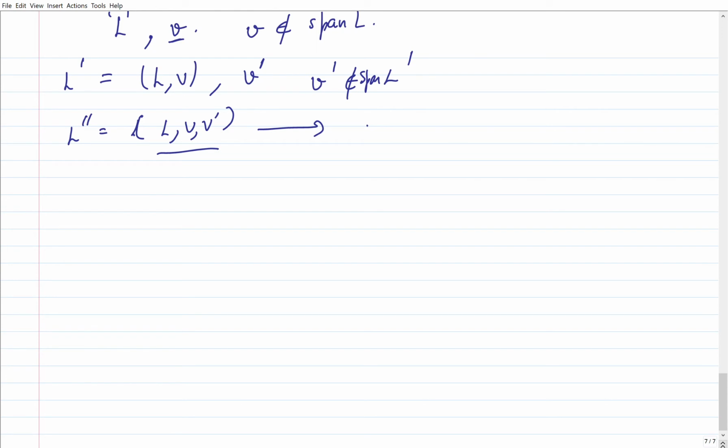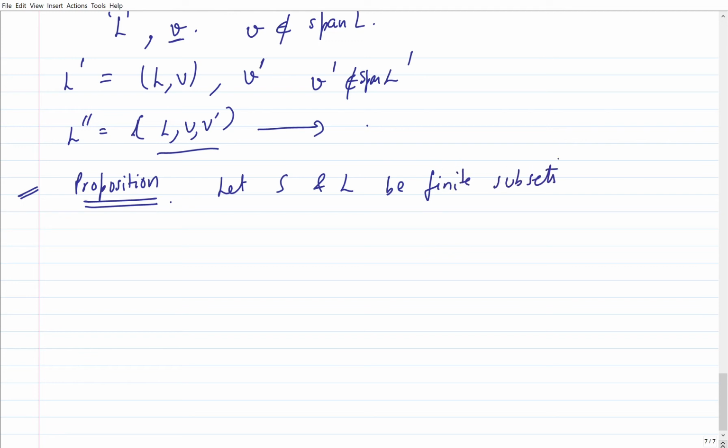Okay, so as a last proposition, which is actually kind of hard to prove, the proposition is the following: let S and L be finite subsets of V, assume S spans V, the vector space, and that L is linearly independent.